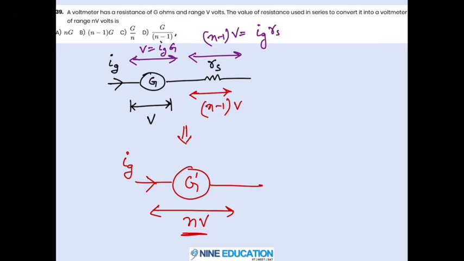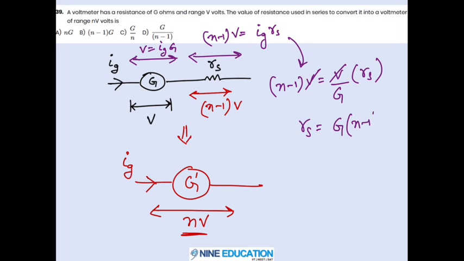Now substitute this equation into this equation. So let us solve this. N minus 1 into V is equal to IG, which is V by G, into RS. V cancels and RS is equal to G into N minus 1, which is option B. 39th question, option B.